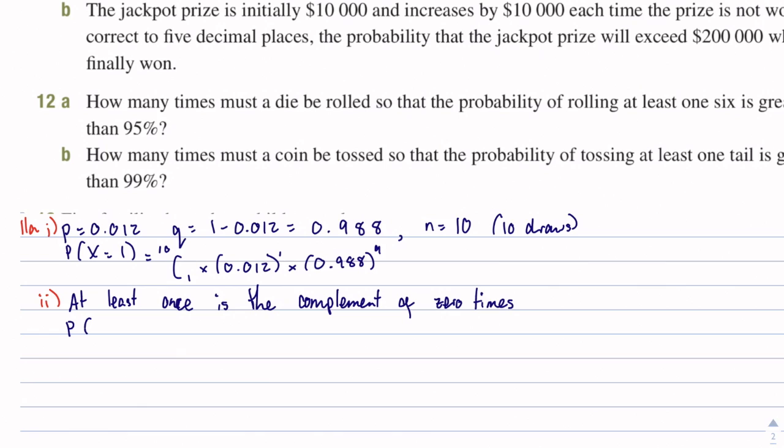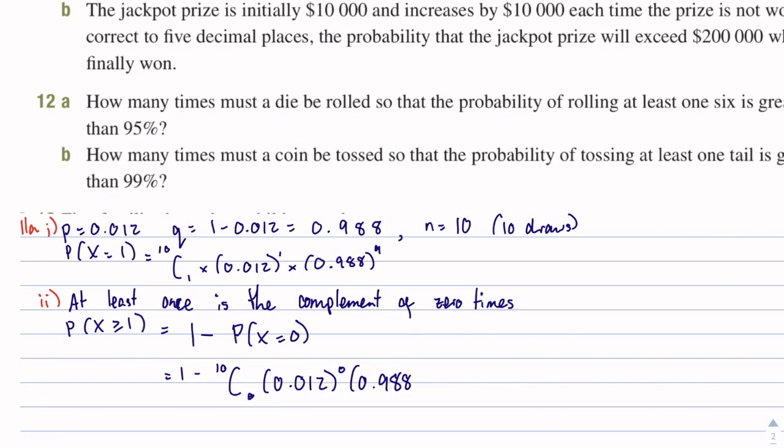So the probability that X is greater than or equal to 1 is going to be 1 minus the probability that we get it 0 times, which means it's 1 minus, and this would be 10C0 times 0.012 to the 0 times 0.988 to the 10.